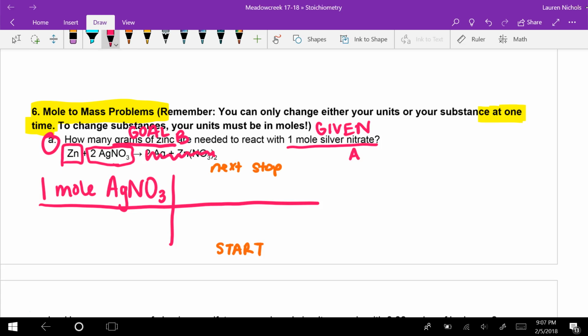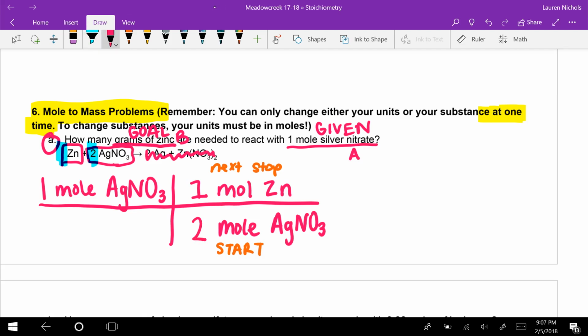On our mole map, we said we are starting at moles of AgNO3, and then we're going to go down mole ratio road to moles of our next substance, or B, which was moles of zinc. And in order to do that, we need to look at our mole ratio, which is our coefficients. So the coefficient in front of zinc is a 1, and the coefficient in front of silver nitrate is a 2.